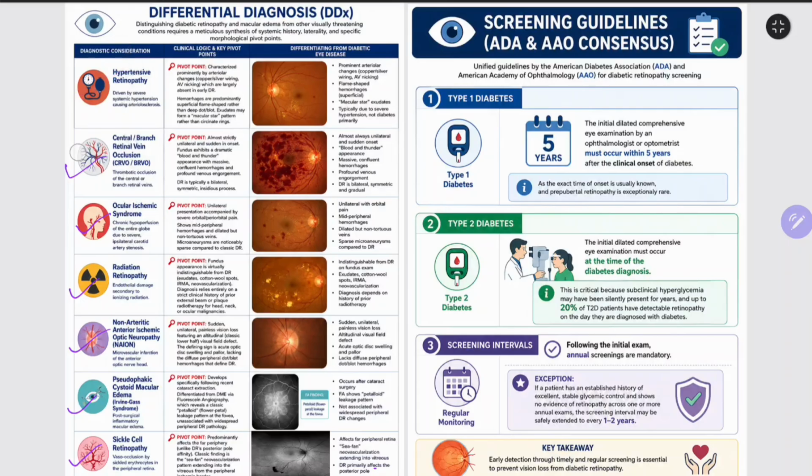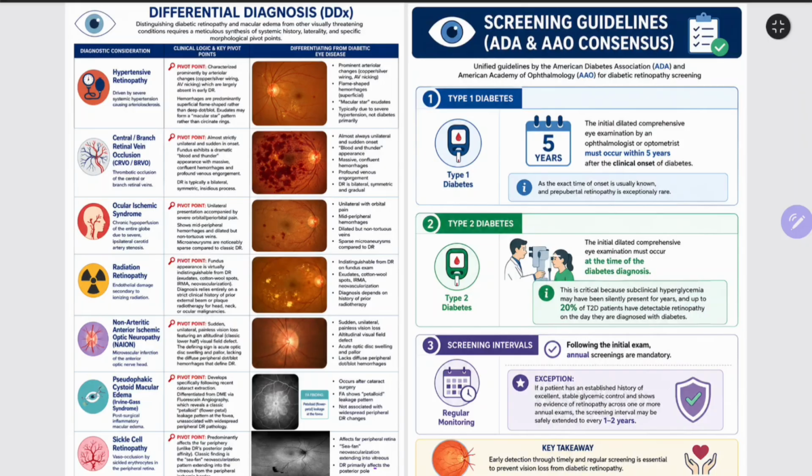These are the differentials of diabetic retinopathy: hypertension, retinal vein occlusion, ocular ischemic syndrome, radiation retinopathy, NAION, pseudophakic cystoid macular edema, sickle cell retinopathy.